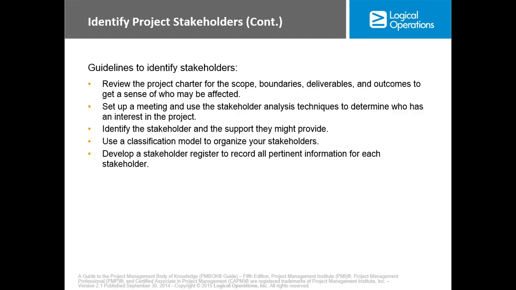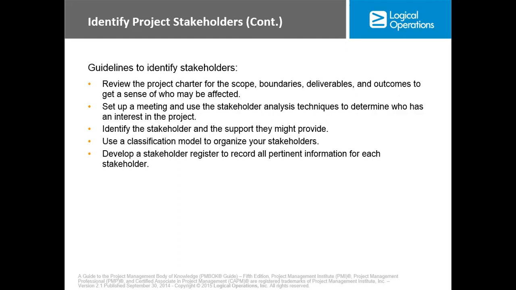Set up a meeting and use the stakeholder analysis technique to determine who has an interest in the project. Identify the stakeholders and the support they might provide. Use a classification model to organize your stakeholders and develop a stakeholder register to record all pertinent information for each stakeholder.